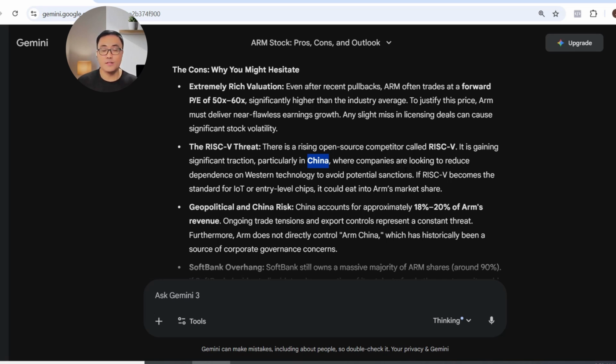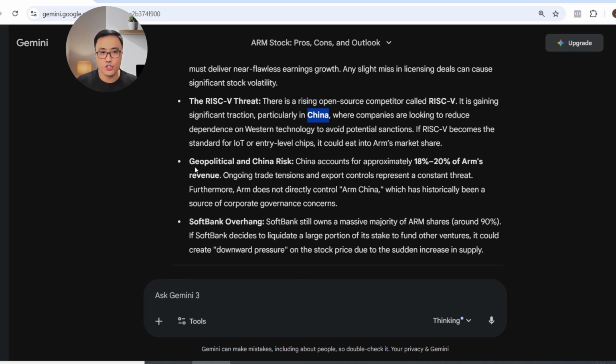Huawei has come out of near bankruptcy and developed their own Harmony software to compete with the Google Play, and their software is amazing. Look at TikTok, right? So don't count China out. There's geopolitical risk with China because about 20% of ARM's revenue comes from China.